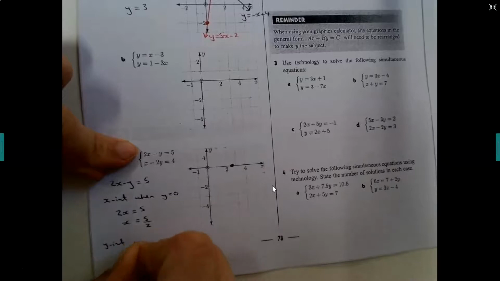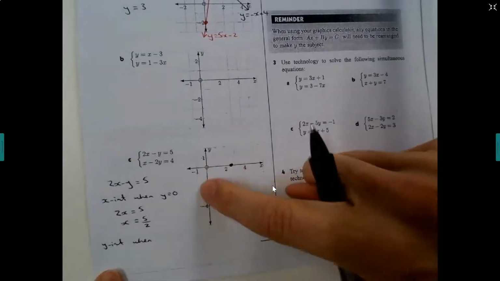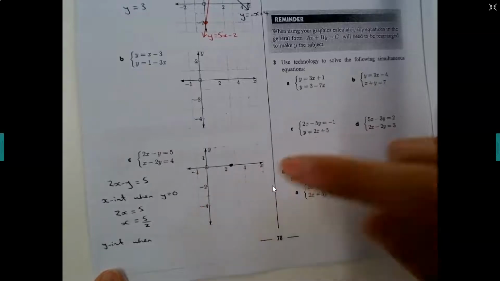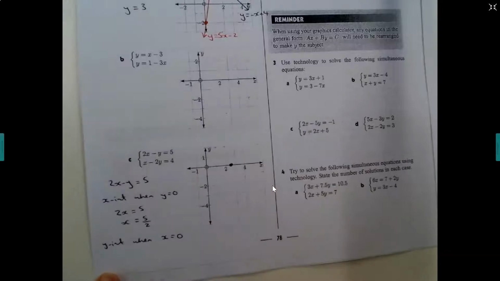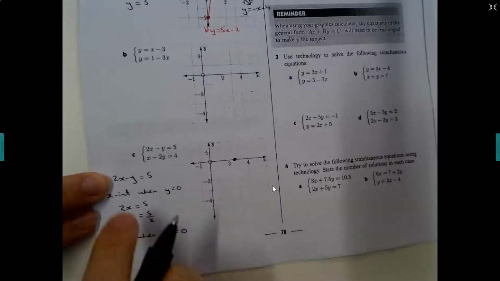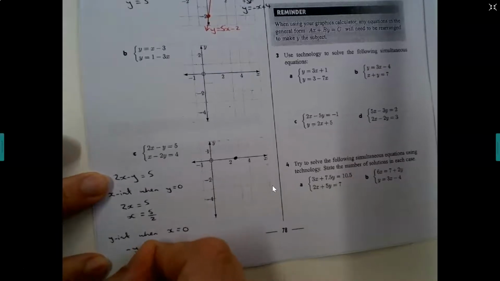So the y-intercept occurs when? What will be the x value when it intercepts the y-axis? When x is equal to 0. So if we substitute x is equal to 0 into this equation, then 0 minus y will equal 5. So therefore, minus y is equal to 5.